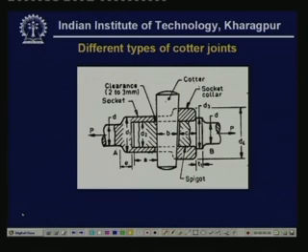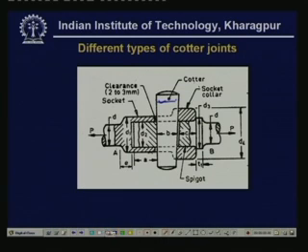What you see here is one kind of cotter joint, and here you see this part. There are two parts which are to be joined by means of a cotter.